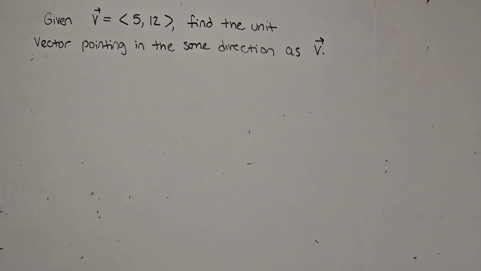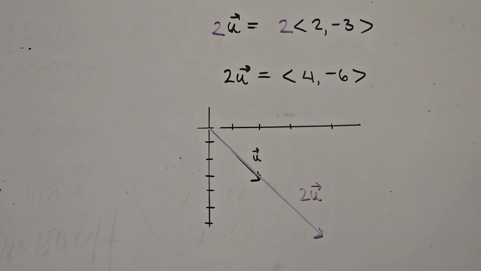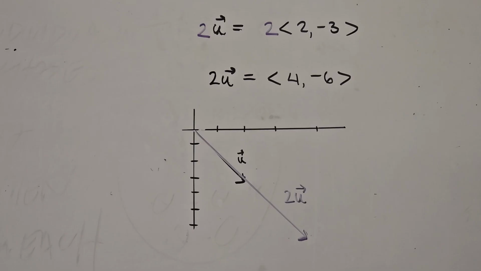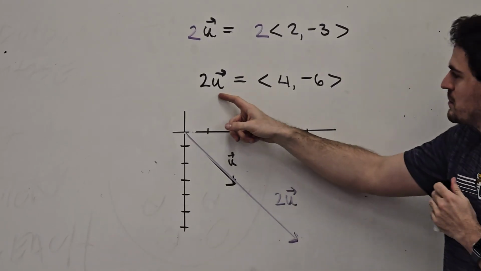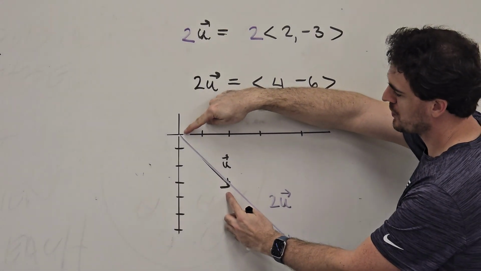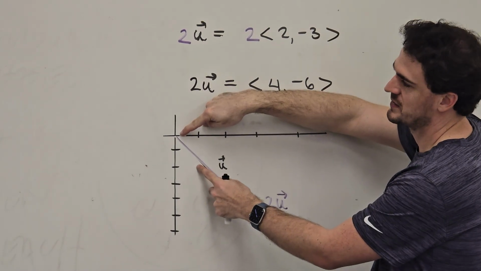For instance, with this vector, when we multiplied by 2, we said we just scaled it, so we made it have twice the length. So scaling it plays around with the length of the vector. If I multiplied by 1/2, we said that we're just going to pull the magnitude to be 1/2 of its length.